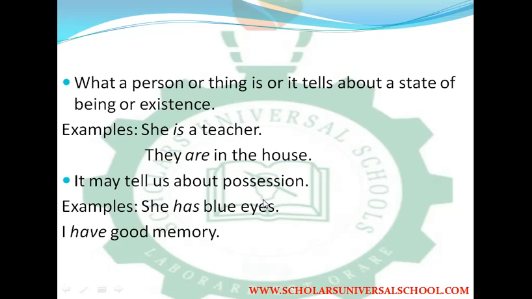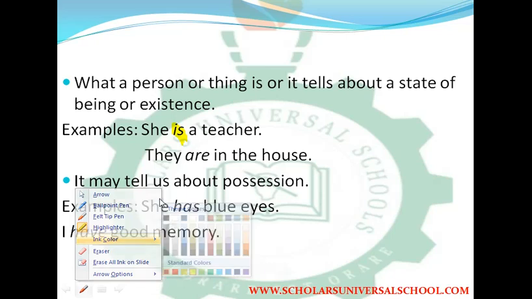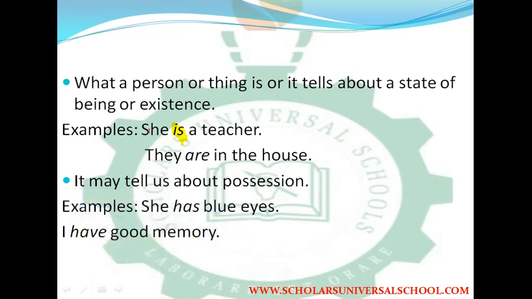Okay. Now, example: she is a teacher. You would see in this example that I have highlighted the primary auxiliary verb, which is telling us about the state of being of our subject. Our subject is she, right?